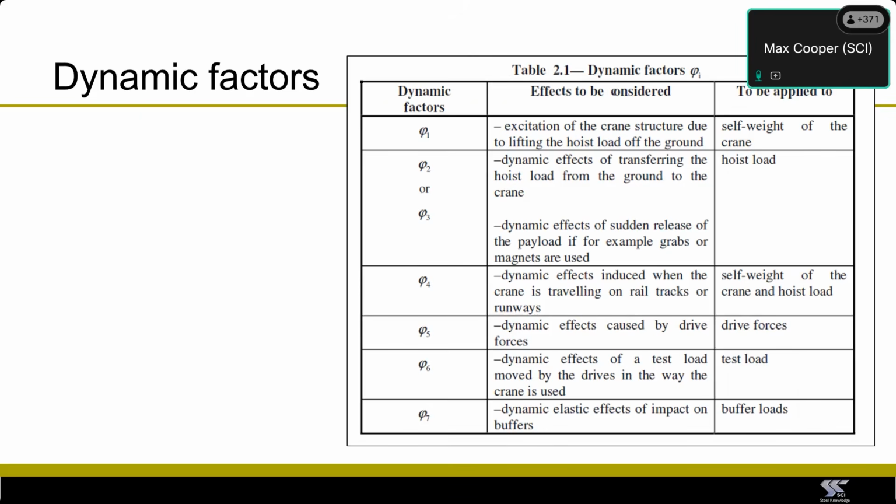So actions on a crane, the up and down, left and right, so to speak. You've got picking things up, putting things down, hitting the buffers. For each of these different types of effect, you've got a different dynamic factor to apply.